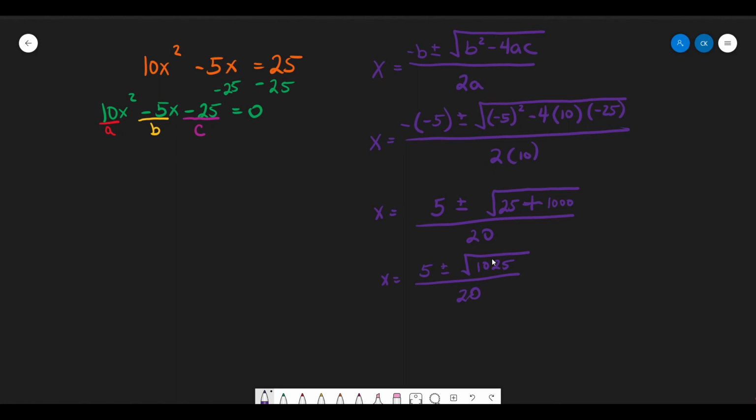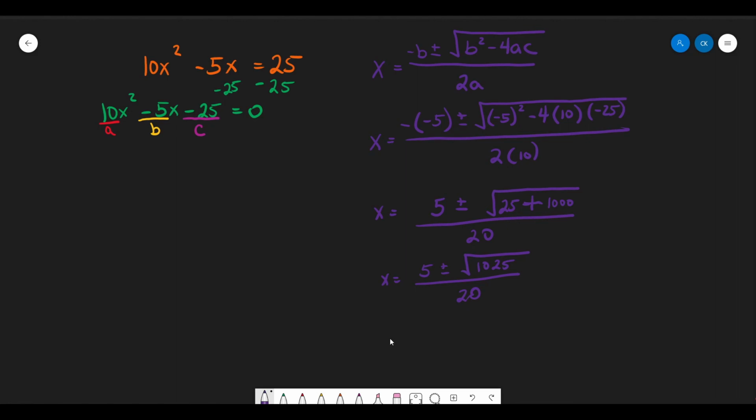We will round this. So we're going to take the square root of 1,025, and put that into a calculator and figure out the approximate value. We'll round to the nearest hundredth here, I guess, is 32.01.